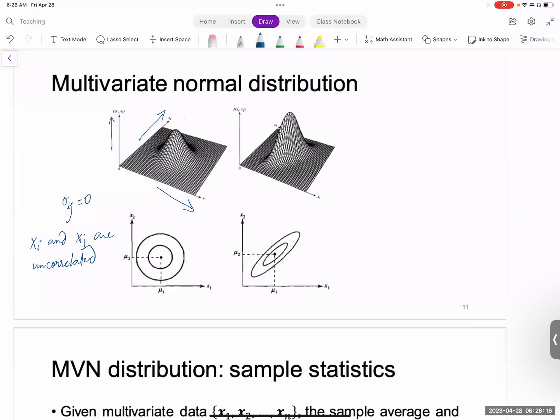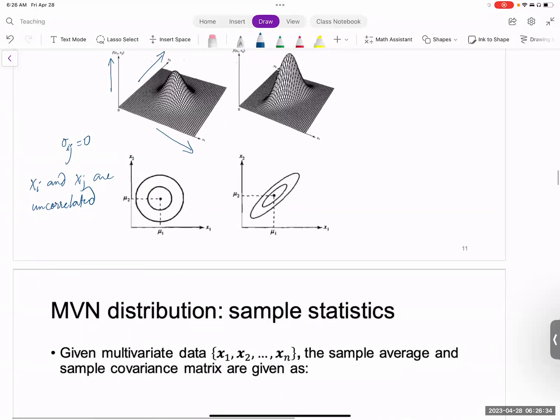But if it is not symmetric, if it is stretched in some direction, for example, in this one the PDF is stretched in one direction, then they are either positively correlated or negatively correlated.